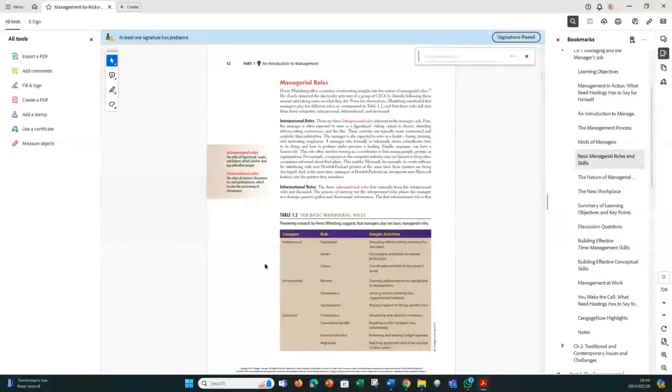So in terms of the interpersonal roles, your figurehead person, obviously the person that would be the face of the organization at events and publicity events, etc. The leader is about motivation and creating an environment within which people can excel. And the liaison, I think it really is about engaging and interacting and building a bridge between different project groups and making sure that everyone is working off the same page.